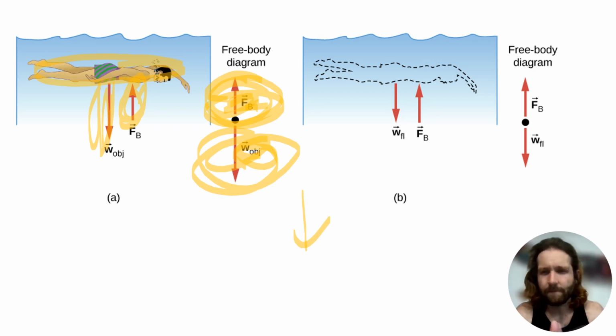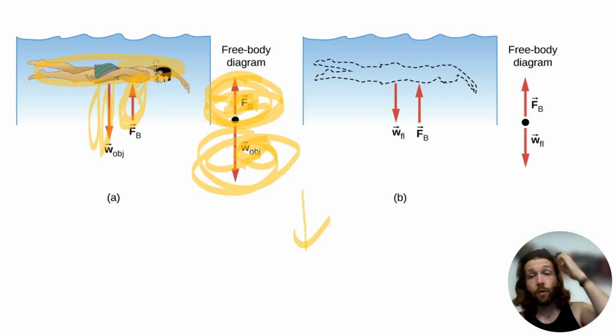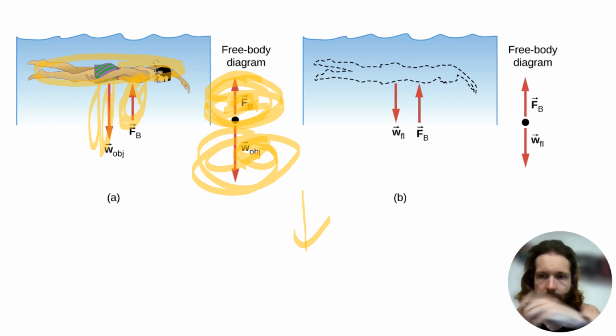So let's keep going through the key points here. In simpler terms, if the buoyant force acting on an object is greater than its weight, the object will float. If the buoyant force is less than its weight, the object will sink, like our example here. And if they're equal, the object will remain suspended at that particular depth. That's kind of the idea of hot air balloons as well, right?